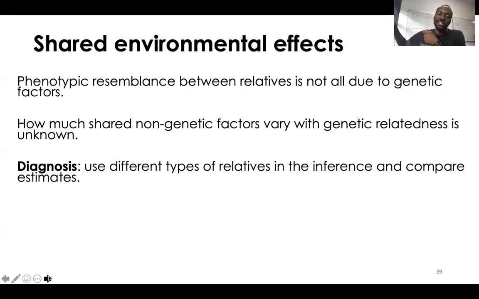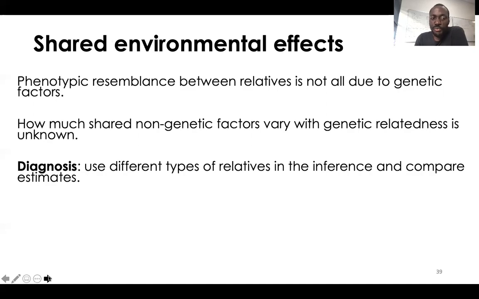And there is another part, there is a residual there. And that residual contains things that may not be genetic per se, but how much the non-genetic factors vary with genetic relatedness is unknown. And if that residual part is correlated with the genetic effect, then that will create a bias.